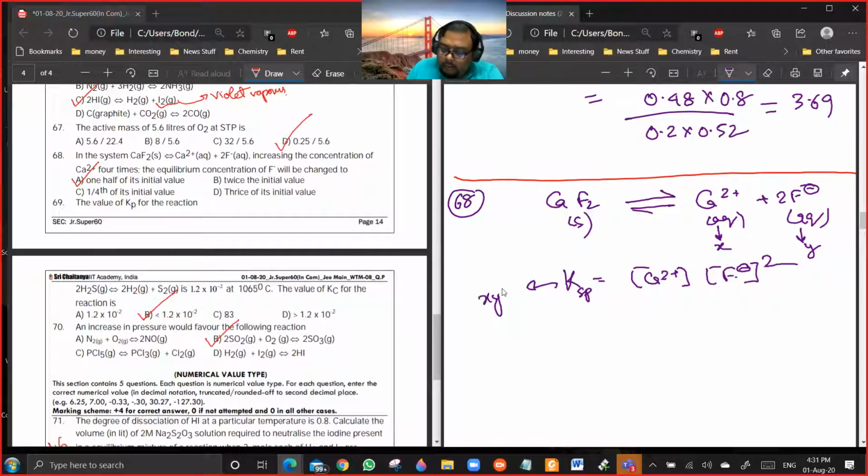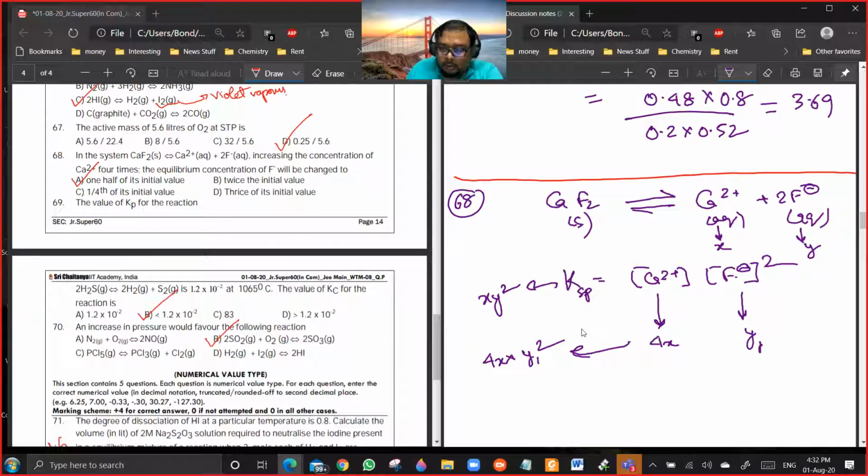XY square. Now I have changed the concentration of X to 4X, and say this concentration has changed to Y1. Then at new equilibrium, what will be the equilibrium constant here? 4X into Y1 square. Are you getting my point?